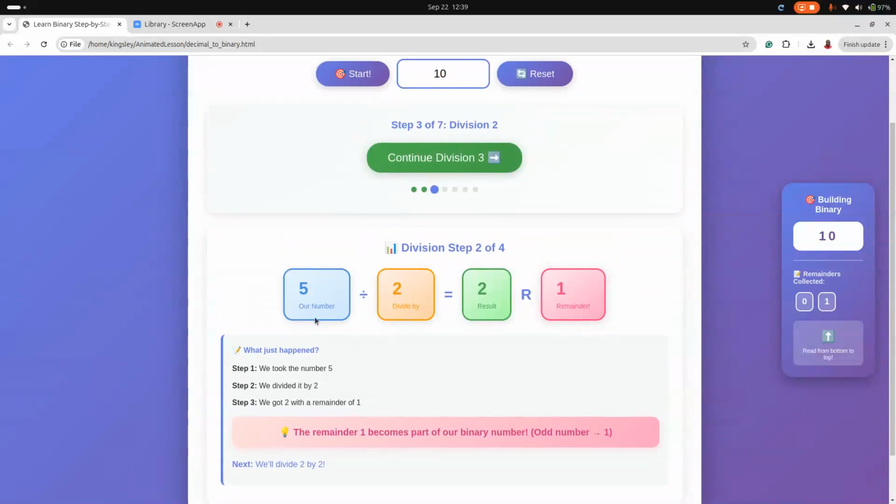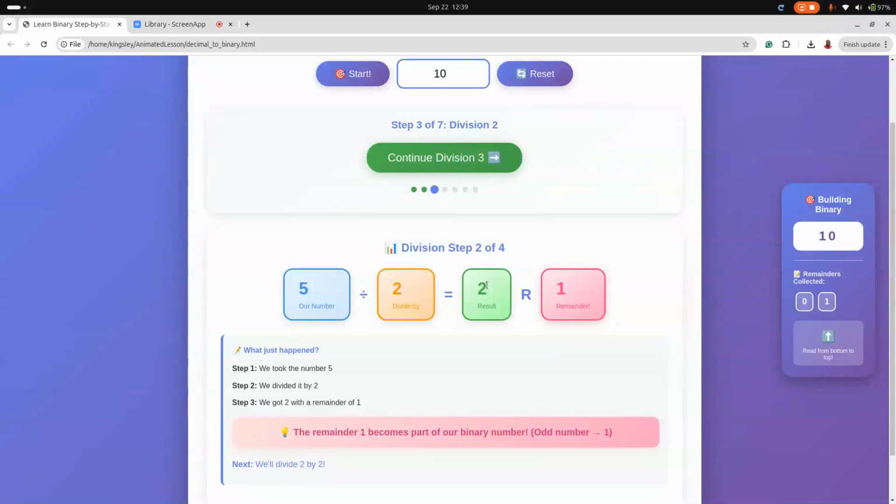So the 5, which was our previous quotient, we divide it by 2. If 2 people divide 5 oranges, each person will get 2, and there will be 1 left. We will have the remainder of 1. Each person will get 2, and there will be a remainder of 1.